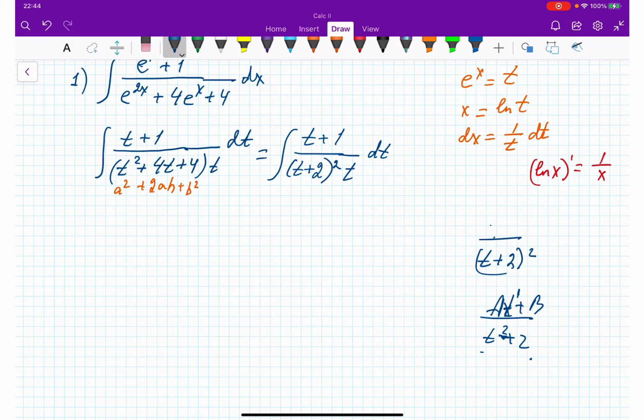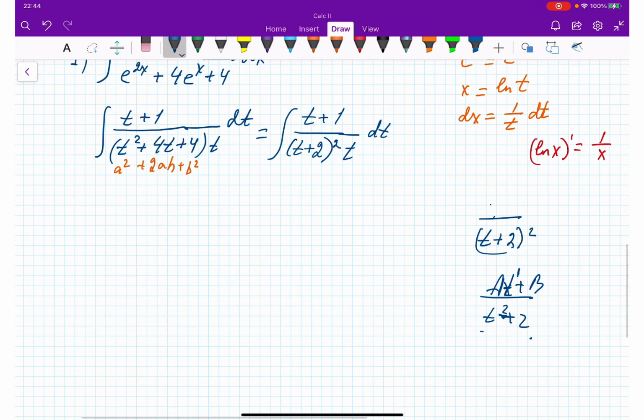If I would have here t cubed plus 2, then I will have a t squared plus bt plus c. You see that? Quadratic expression.